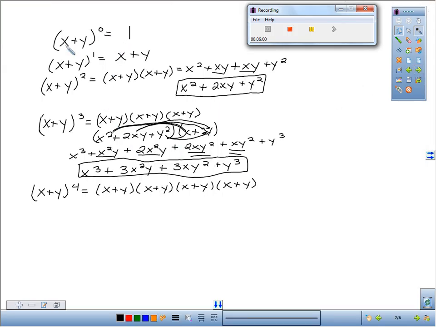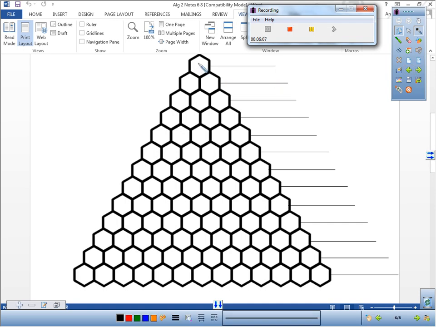Okay. X plus y to the 0 power just gave me the number 1. So right here goes 1. And this is row 0 because it's x plus y to the 0 power.